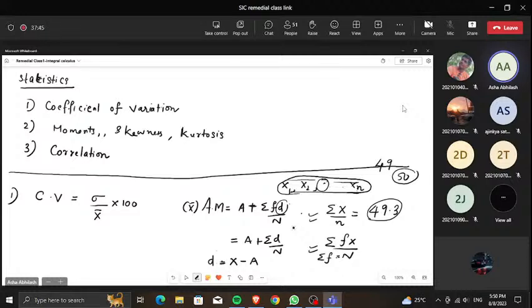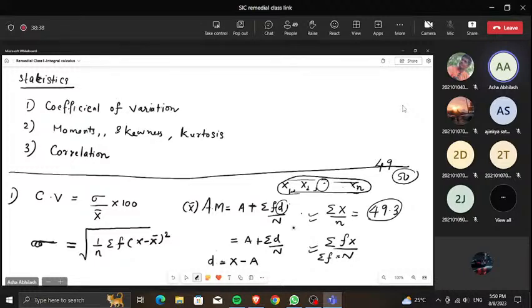So, standard deviation formula, you can use sigma is equal to root of 1 by n into summation f into x minus x bar whole square. 1 by n into summation of f into x minus x bar whole square. This is the actual mean method if they have provided.